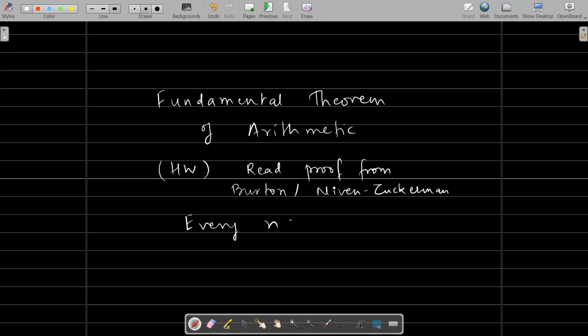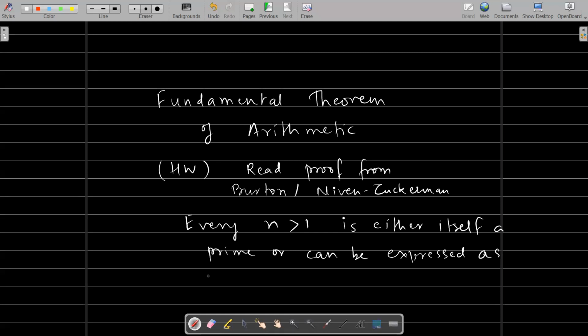Every n greater than 1, so we are talking of natural numbers, is either itself a prime or can be expressed as a product of primes in a unique way.